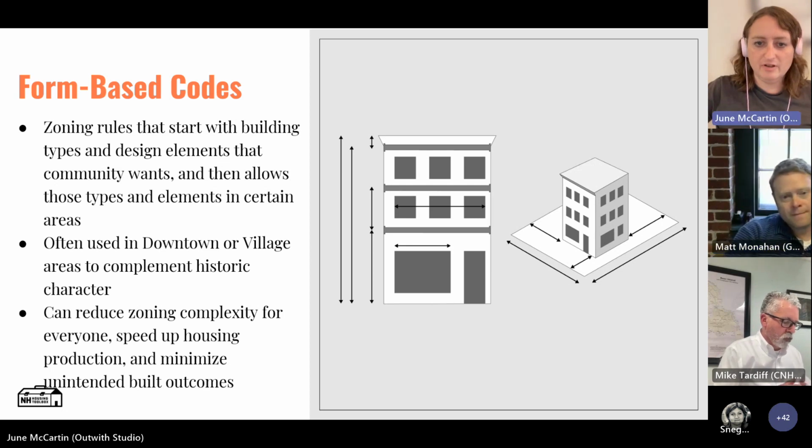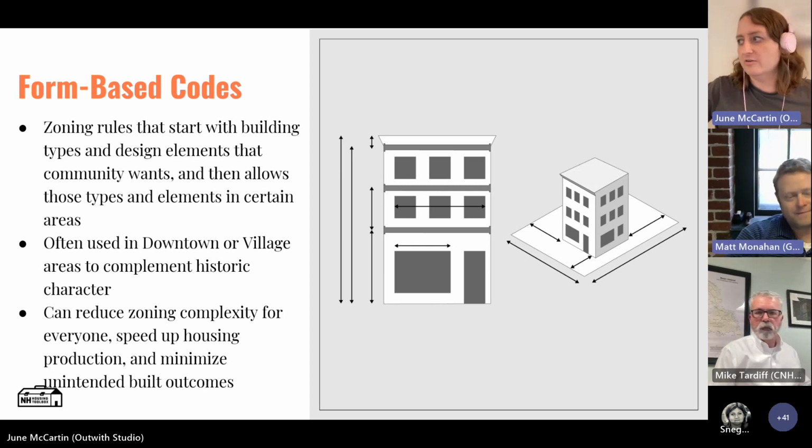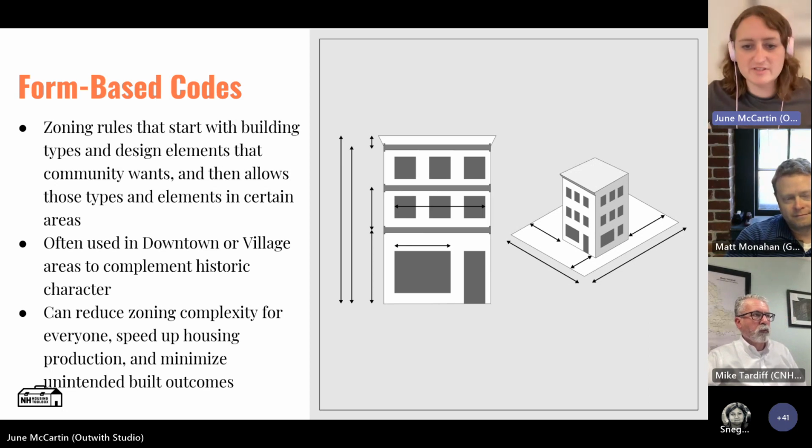Yeah, I think of it as an inverse of the way traditional zoning works, where you say, okay, I have a site of this size and I can provide this many units per acre and I'm allowed to do these things. What kind of building can I build? Form-based code is instead the community saying, we want this kind of building. Here's a law that enables that.